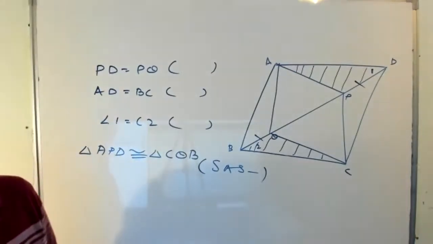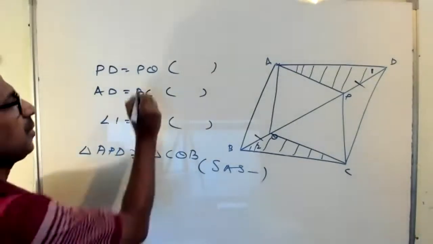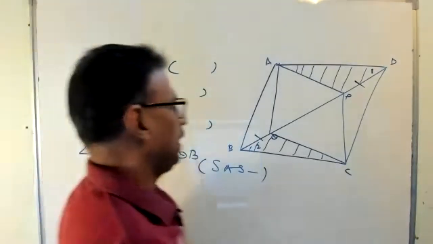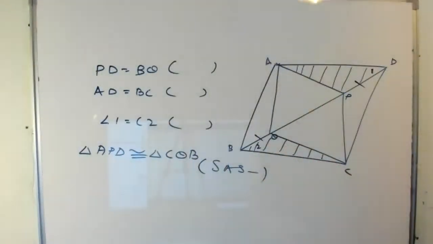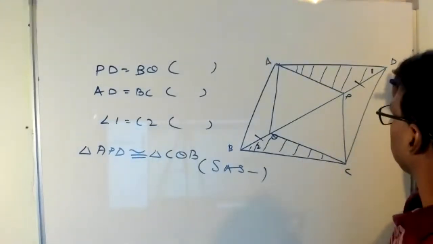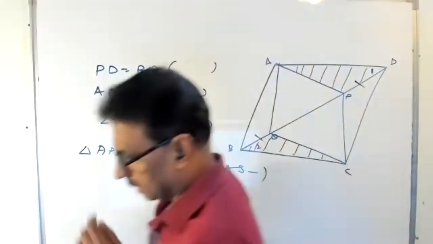Oh, sorry, I made a mistake here. You didn't notice that. Sir, it is BQ. Yeah, PD equal to BQ. That's why you should compare with the figure. PD equal to BQ, given.